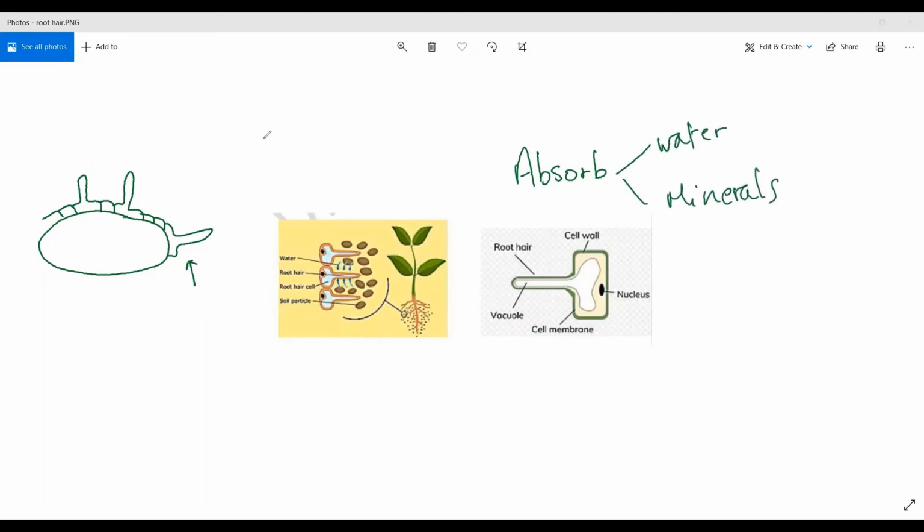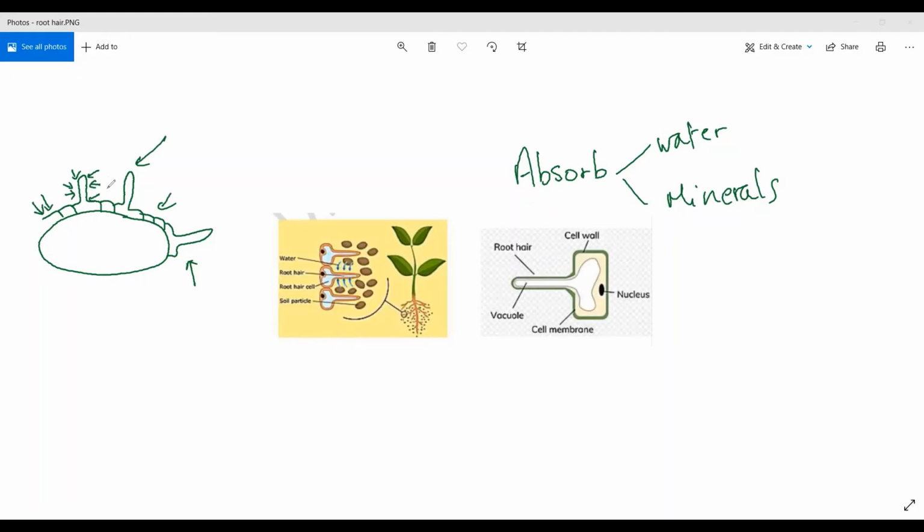Can the other root cells absorb? Yes, they can. But this is better because it gives me more surface area to allow the materials not only to be absorbed through a small area. No, it's going to be absorbed all through this surface area of the root hair.